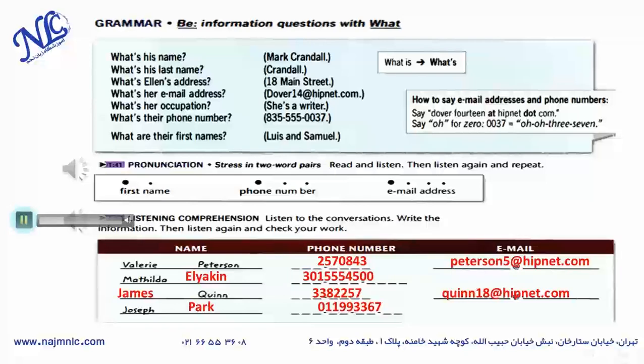Conversation 3. Mr. Quinn, what's your phone number? My phone number? It's 338-2257. And your first name is James? Yes, it is.